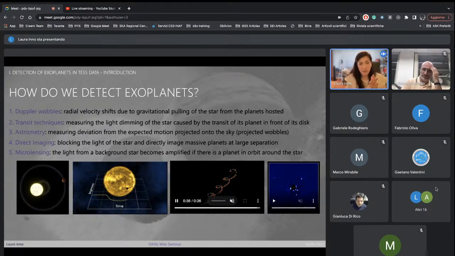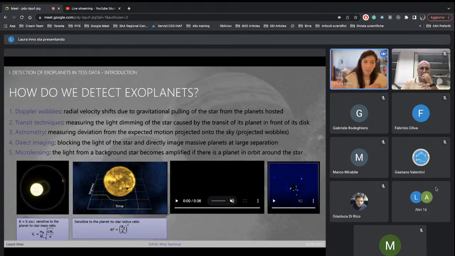And finally, we can also use microlensing if the background star is lensed by a star surrounded by a planet. All these techniques are relevant because they allow us to probe different regions in the parameter space of the exoplanet population. In some cases, they are also complementary.